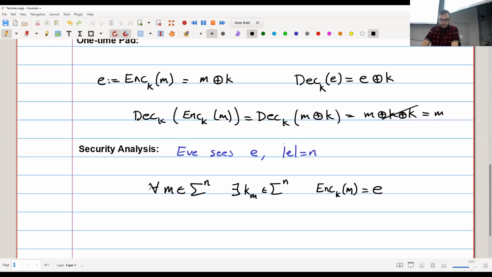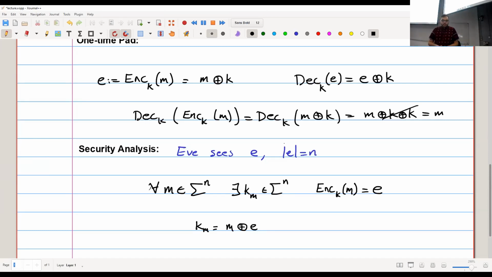Okay. So what is Km? Can you tell me what Km should be here? Yes. If I just take M XOR E. Right? So here's the thing. The idea is that I don't know what the secret key was.